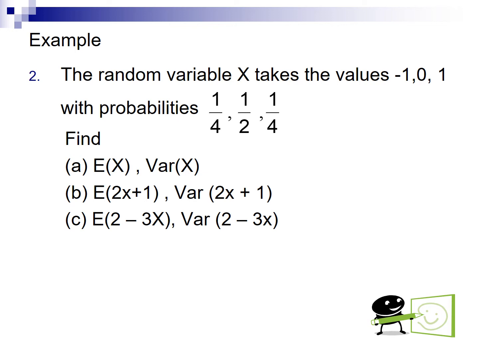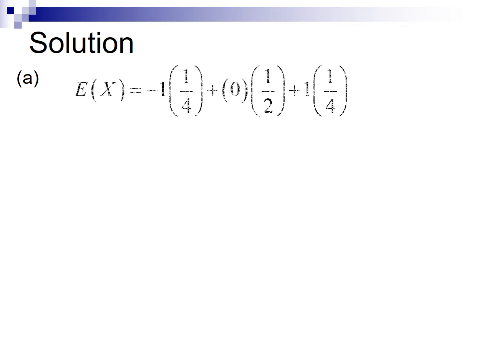Part C, the expected value of 2 minus 3x and variance of 2 minus 3x. Okay, the first part, using the same formula, sum of x multiplied by its probability to get the expected value of x. So the value is 0, meaning that the mean is 0.